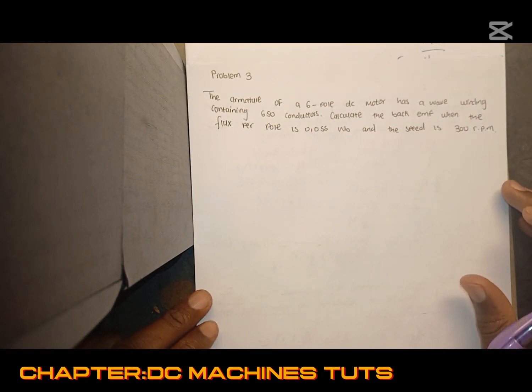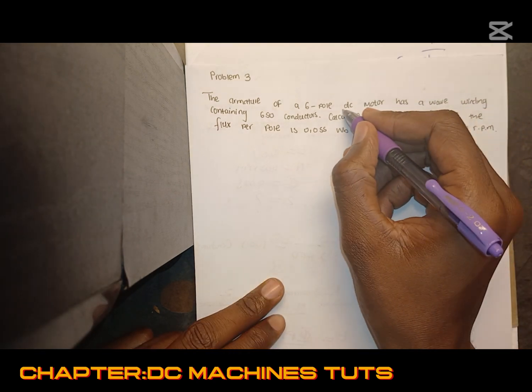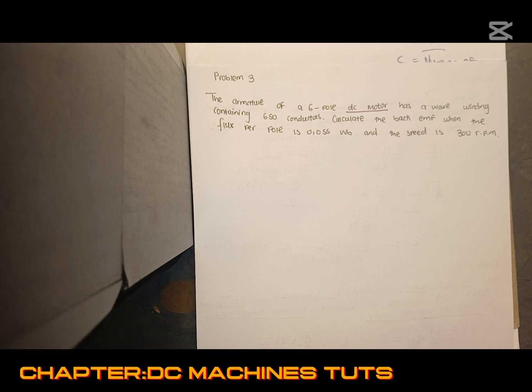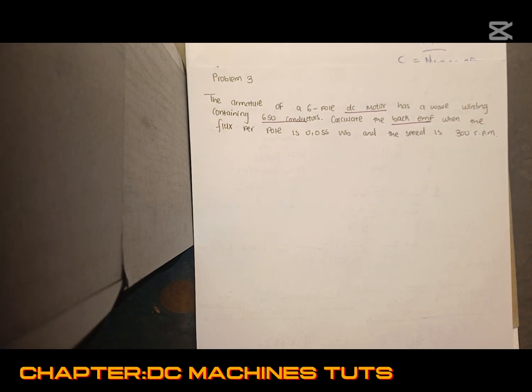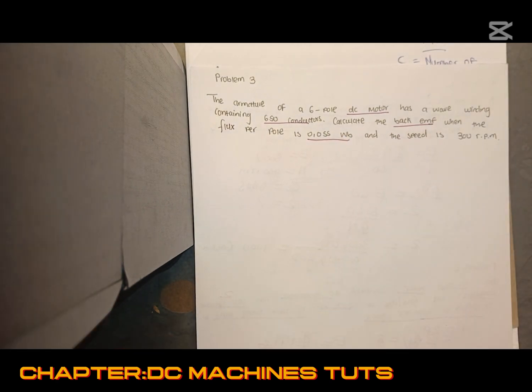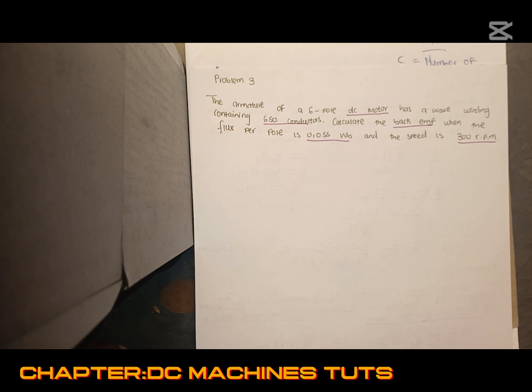Right? Problem number 3. Now, the armature of a 6-pole DC motor. So here we are dealing with counter EMF or back EMF. There's a wave winding containing 650 conductors. So that means we have Z. Calculate the back EMF when the flux per pole is 0.055 webers and the speed is 300 rpm.